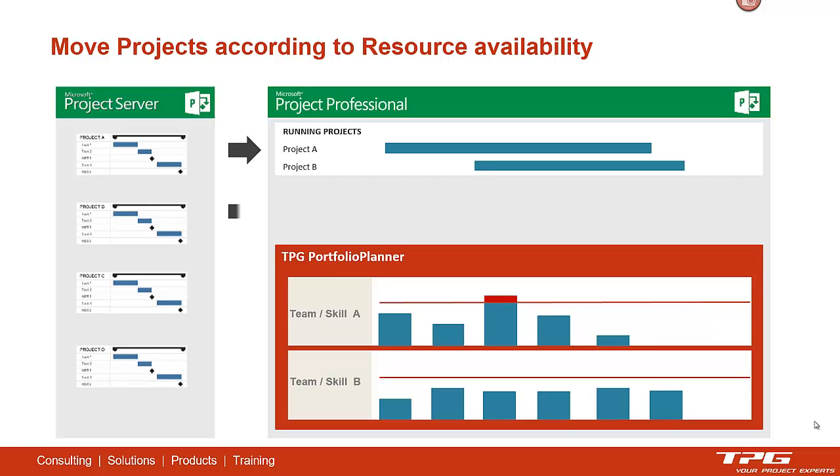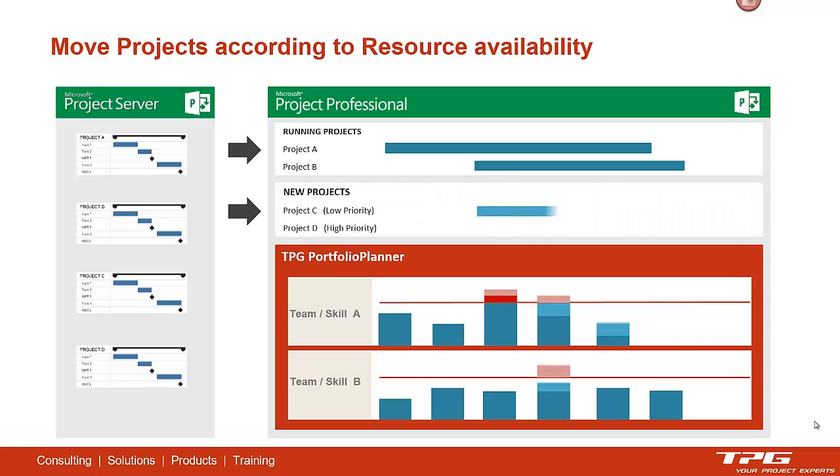And then we add some new projects, and we want to see the difference between new and running projects, obviously. So the light colors are about new projects. And now the big question is which project can be moved. Okay, we have priorities here.